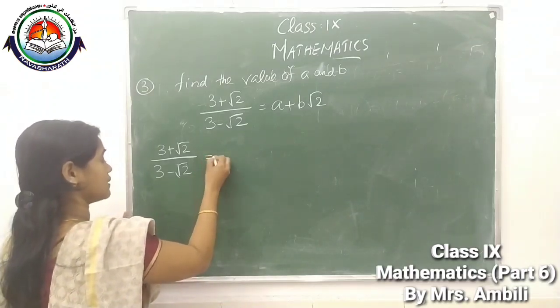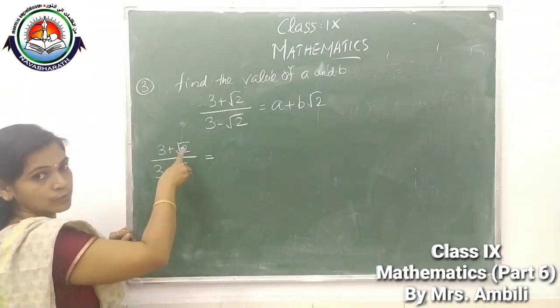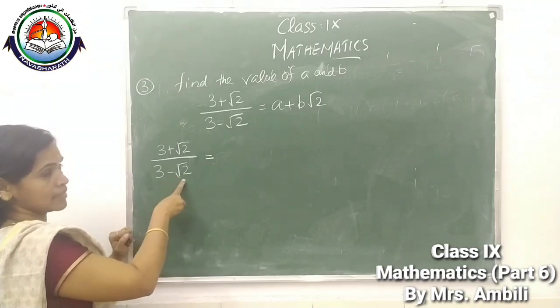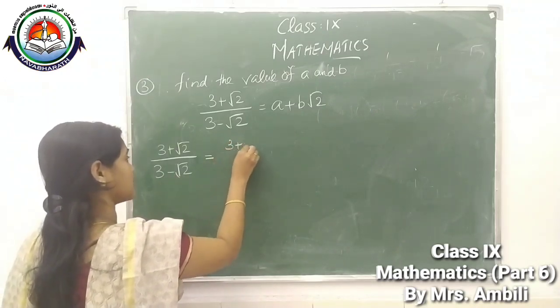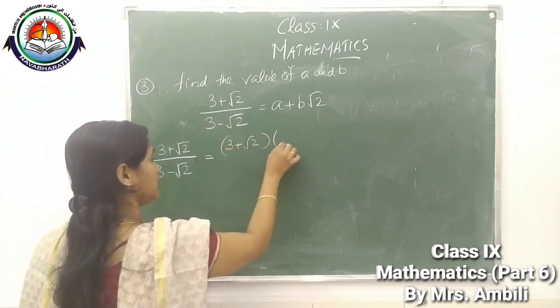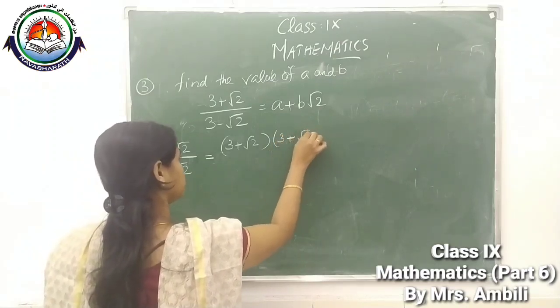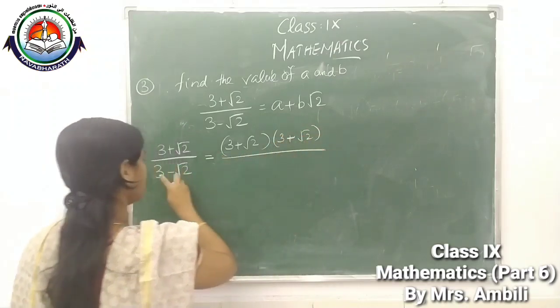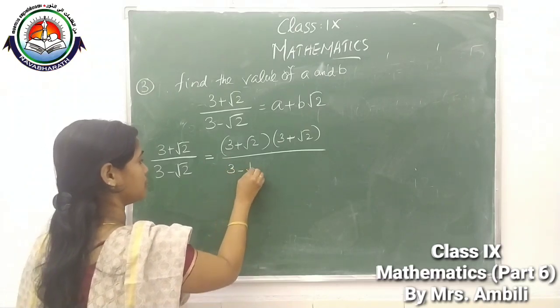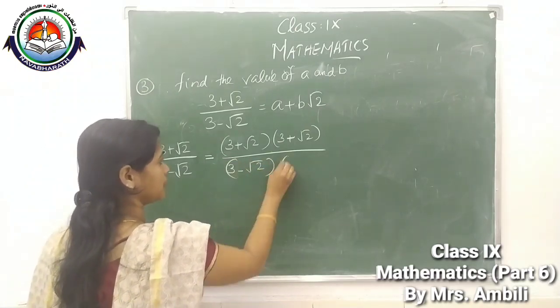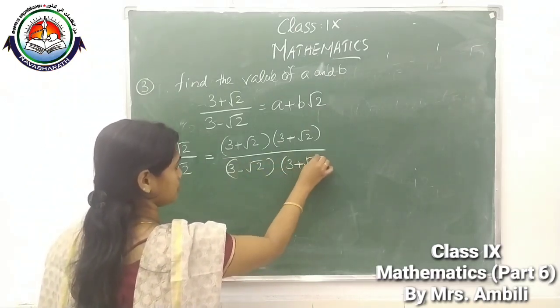To rationalize, we multiply the numerator and denominator by 3 plus root 2. So, (3 + √2)(3 + √2) divided by (3 − √2)(3 + √2).